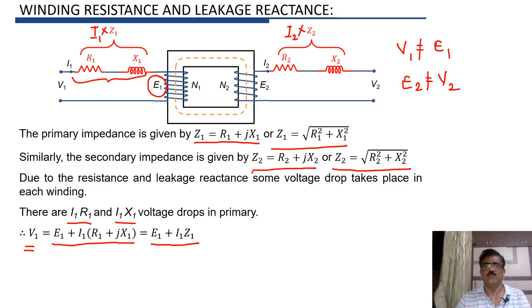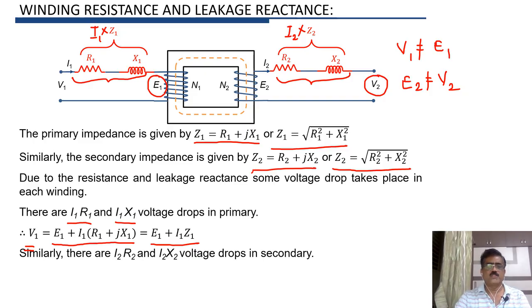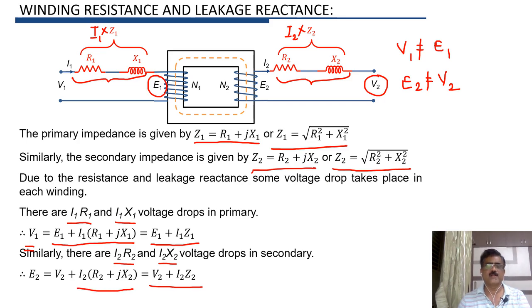E2 is equal to V2 plus voltage drop in R2 and X2, which is nothing but I2 into Z2, and therefore on secondary side the voltage drops are I2 R2 and I2 X2, and that's why E2 is equal to V2 plus I2 Z2, and Z2 is R2 plus jX2, and therefore E2 is equal to V2 plus I2 into bracket R2 plus jX2.